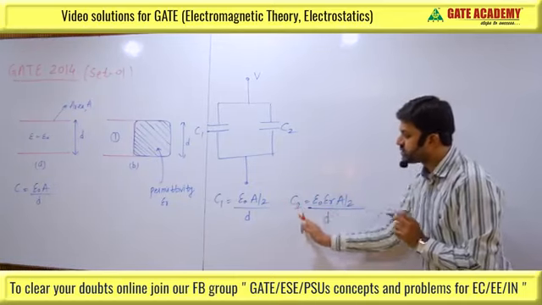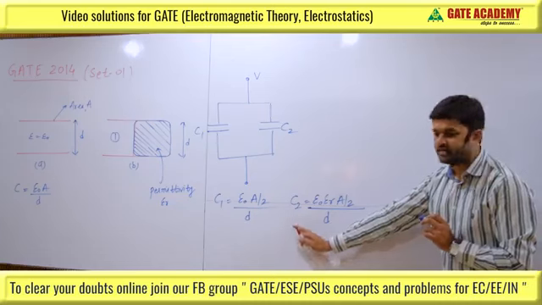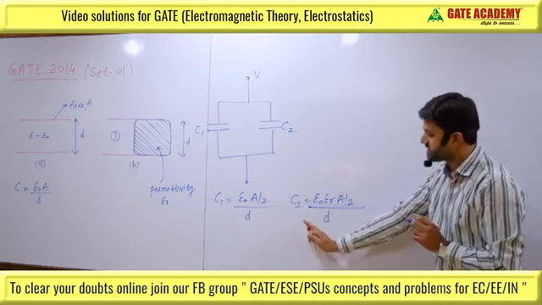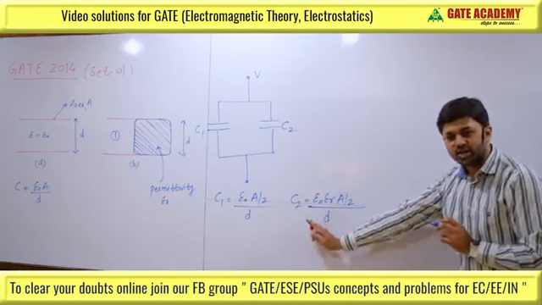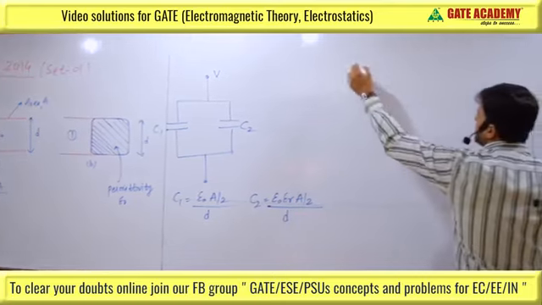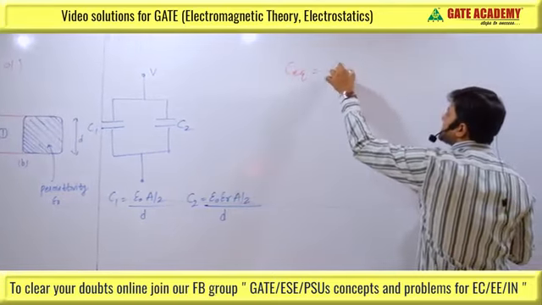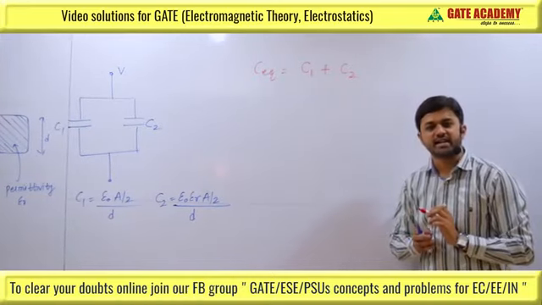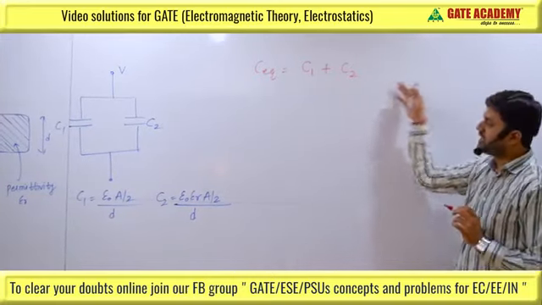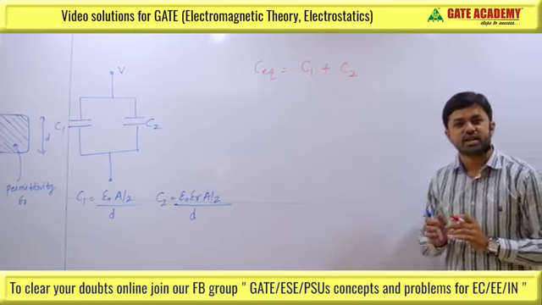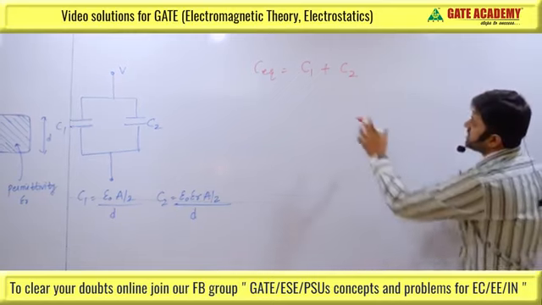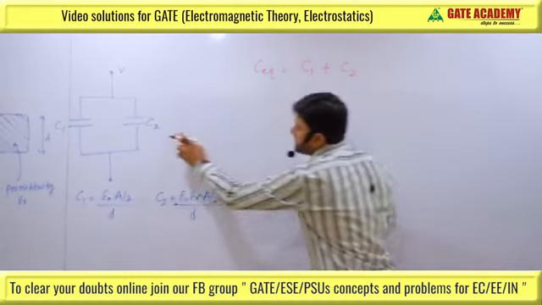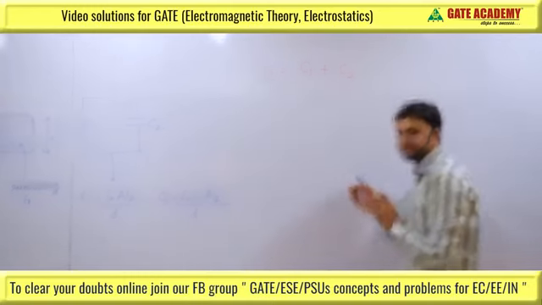Now, because these two capacitances are connected in shunt, the equivalent capacitance is C1 plus C2. If capacitances are connected in shunt, the equivalent is the addition of the individual capacitances.